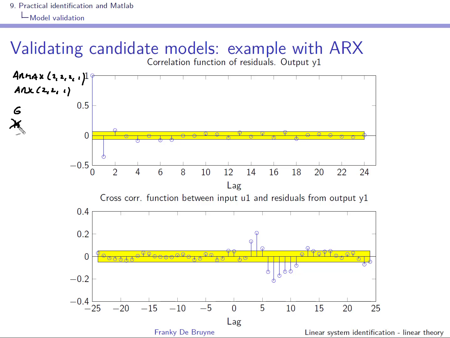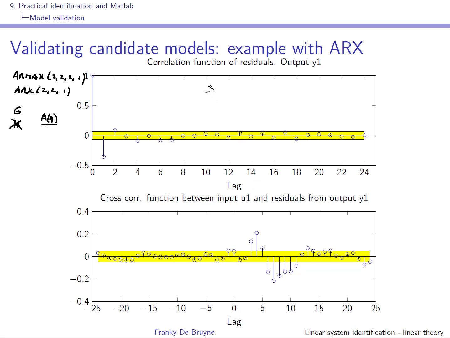But since G and H have parameters in common, this is the AQ polynomial, this is going to lead to a bias of G and H. So there will be error in the estimated G and in the estimated H. This can be seen in the following correlation analysis.